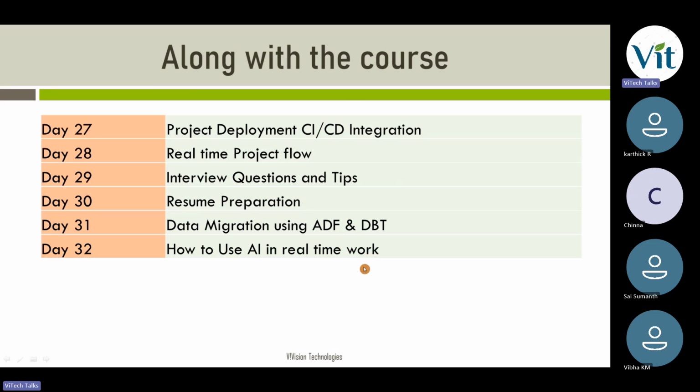AI cannot replace you, but by using AI you can solve your problems. The work which you do within 10 hours, you can do in 2 to 3 hours. Okay, that is what we can do. DBT, the data build tool, we are also going to discuss, apart from Snowflake. Mainly for transformations, we are going to use DBT.